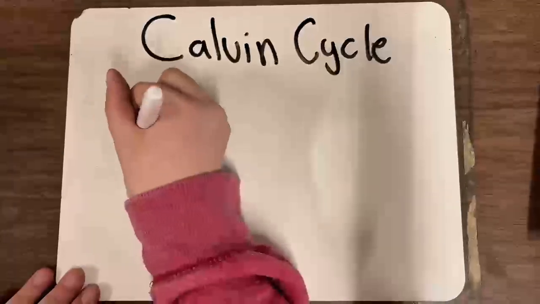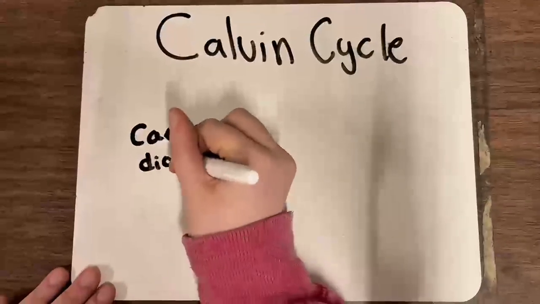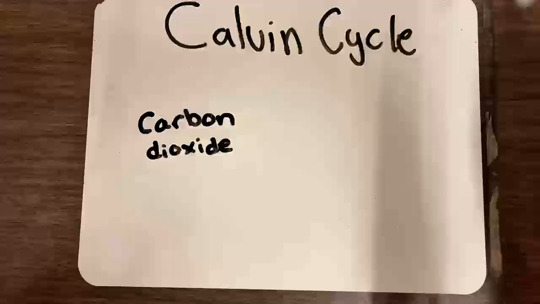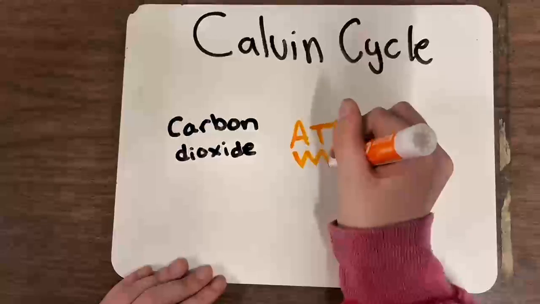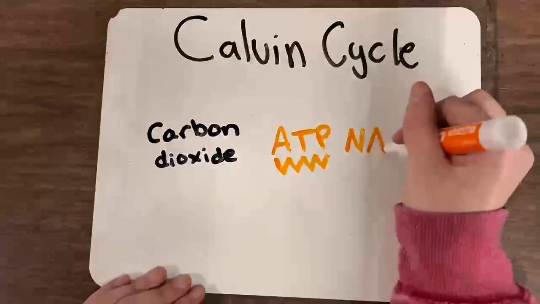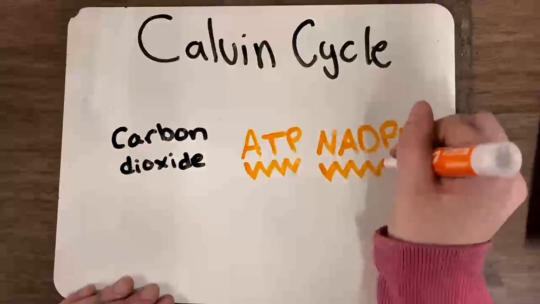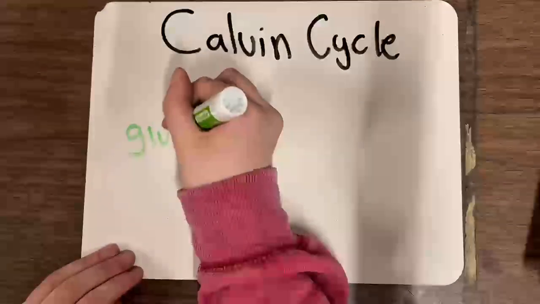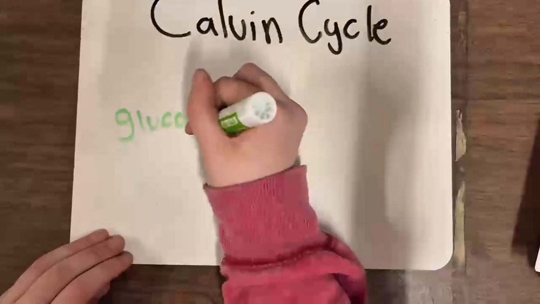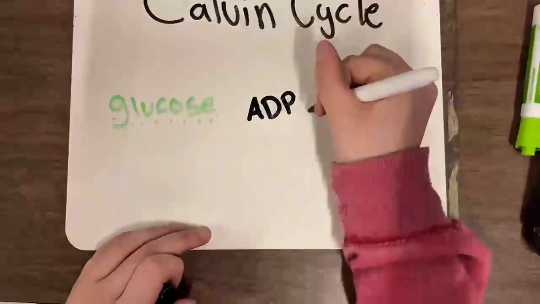The reactants are carbon dioxide, ATP, and NADPH. The products of this reaction are glucose, ADP, and NADP+.